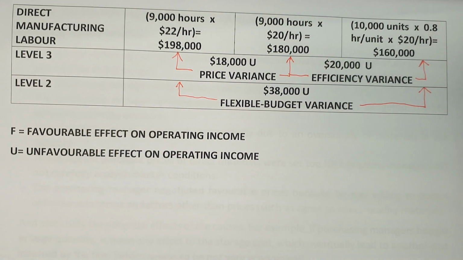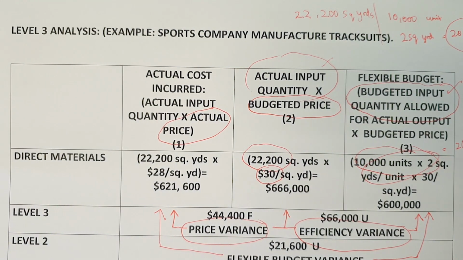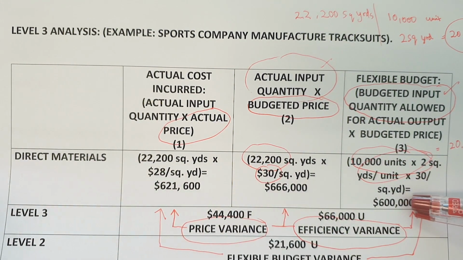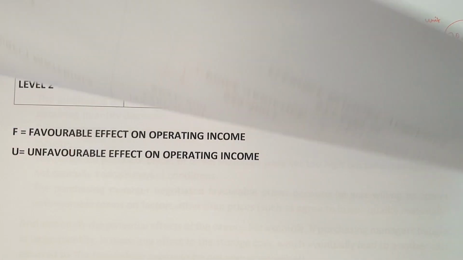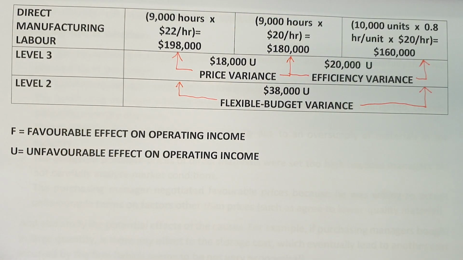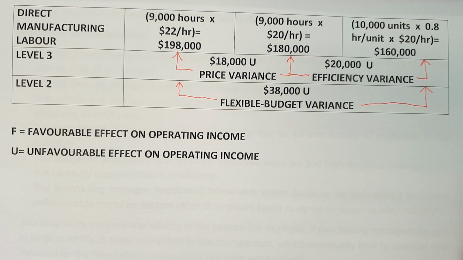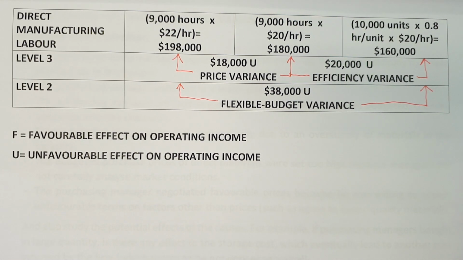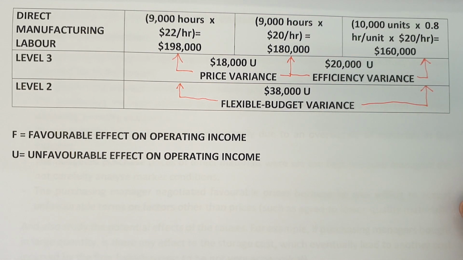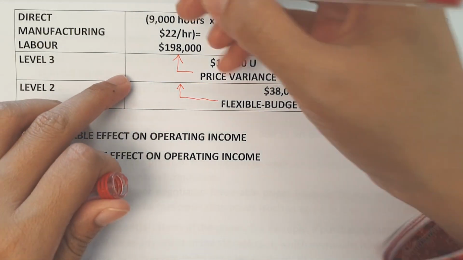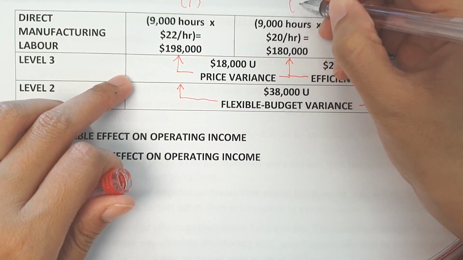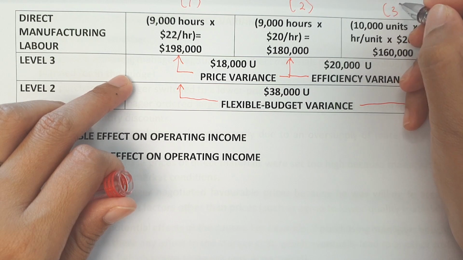Alright, just now we already looked at the example for direct material. Now we look at the example for direct labor. As for direct manufacturing labor, this is the example. This is column 1, this is column 2, and this is column 3.